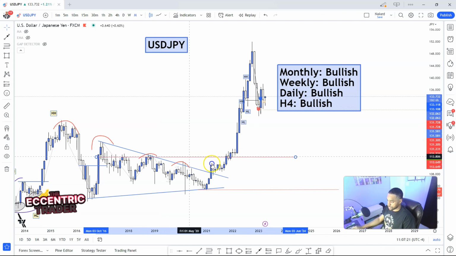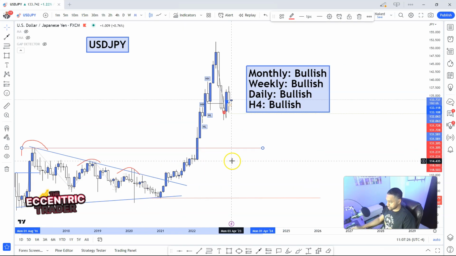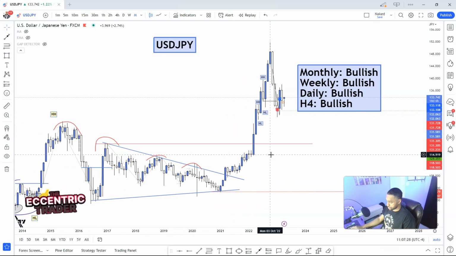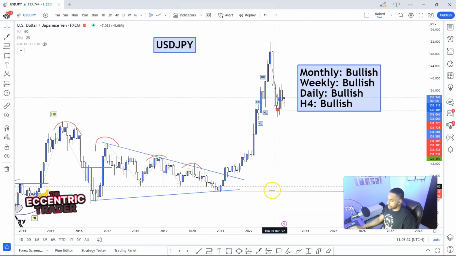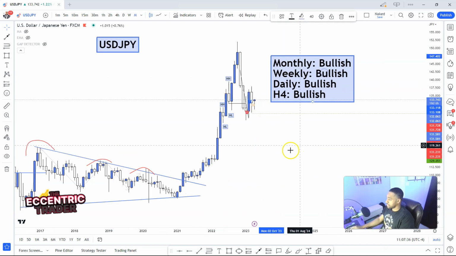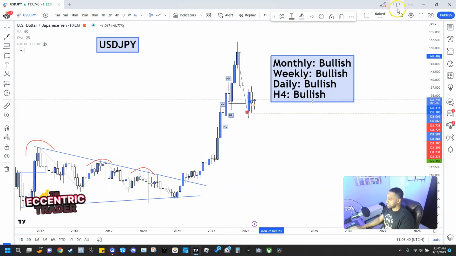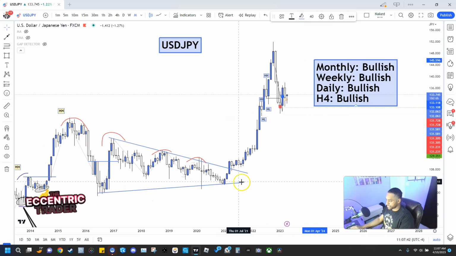Let me see. Sorry, y'all. This is my real chart that I'll be marking up with. So I marked off these highs right here, right?